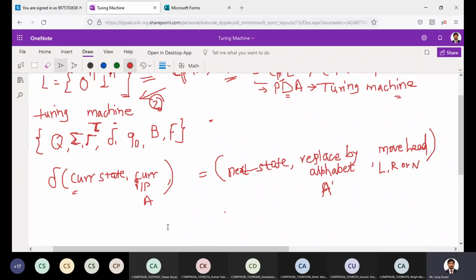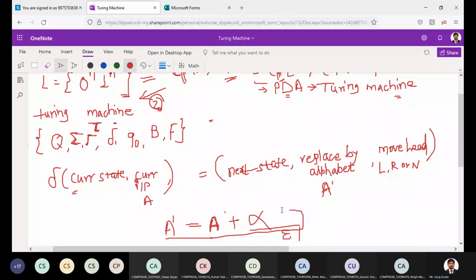This A dash may be equal to A, or it may be some additional alphabets, let's say some alpha. It can be epsilon or something else.